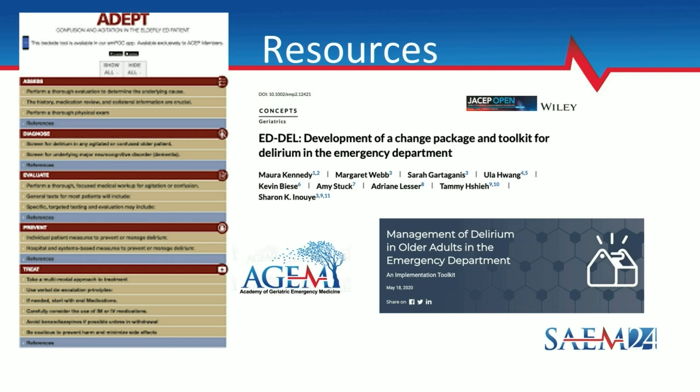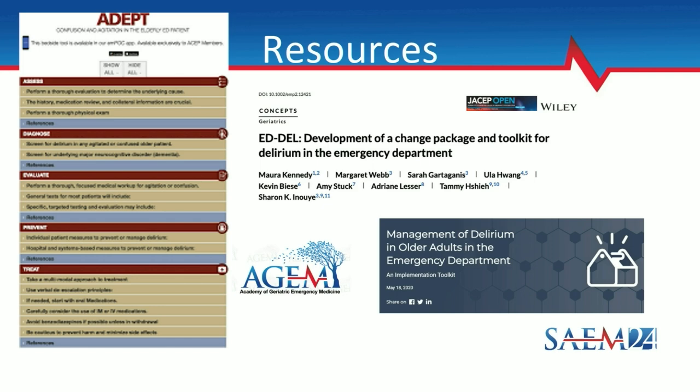And they have a variety of resources on structuring delirium screenings, as well as what kind of information is helpful to look for in delirium screenings. The next one is the ED-DEL change package, which has some infographics, flow sheets for your emergency department, as well as explanations for caregivers and patients on delirium. We also have the GEDC, which has a delirium implementation toolkit. GEDC stands for Geriatric Emergency Department Collaborative.